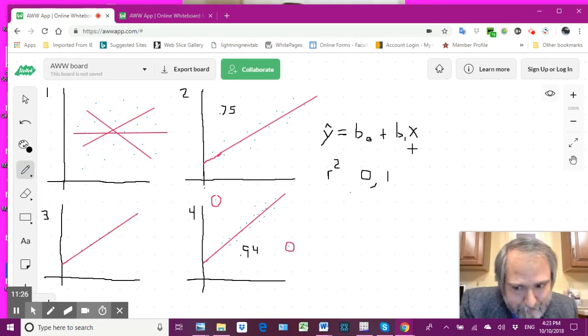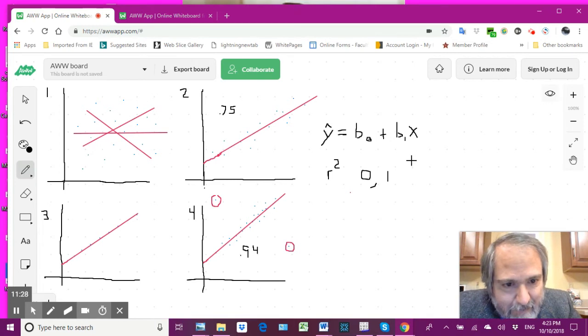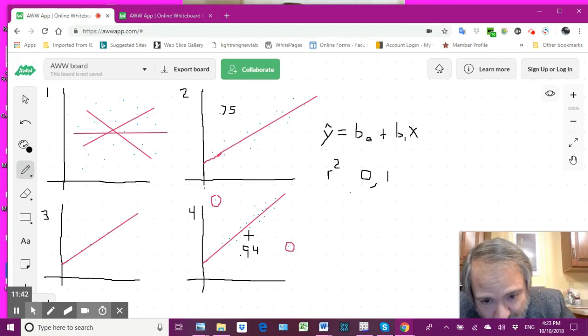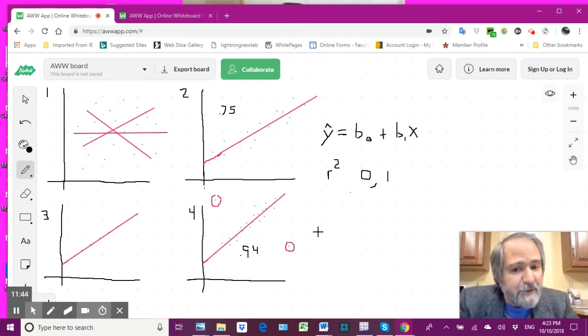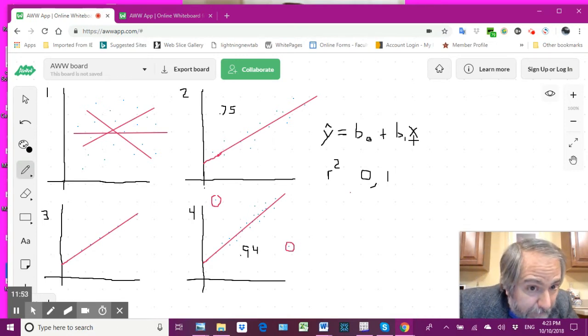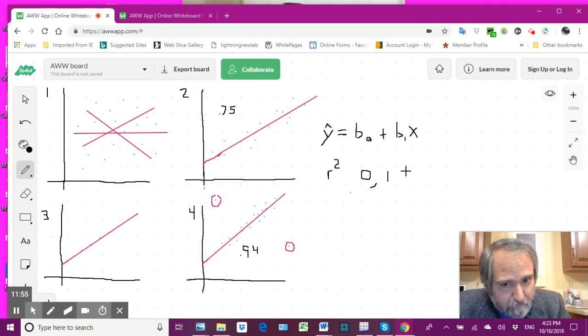Let me state that again. 75% of the variation in the response of the dependent variable can be explained by the independent variable. In this case here, 94% of the variation seen in the responses of the dependent variable is explained by the independent variable.